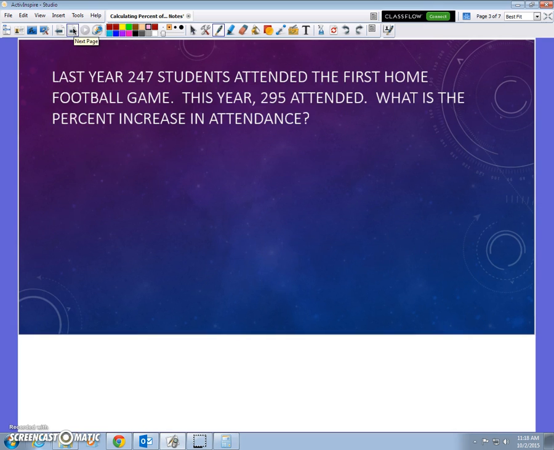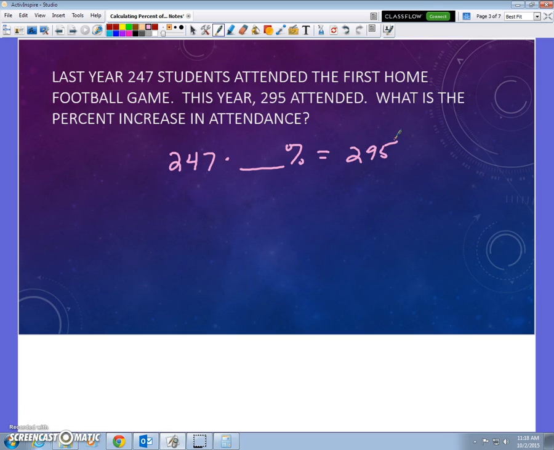Let's take a look at another one. It says last year 247 students attended the first home football game. This year 295 attended. What was the percent increase in attendance? So we started with 247 and then it changed by some percent we don't know, and now there's 295 students attending.